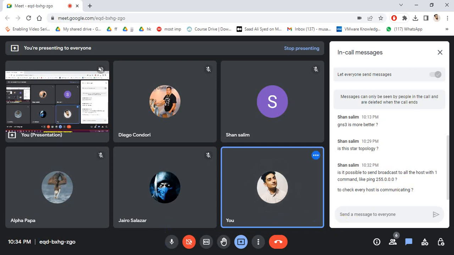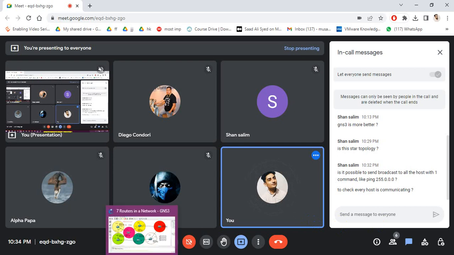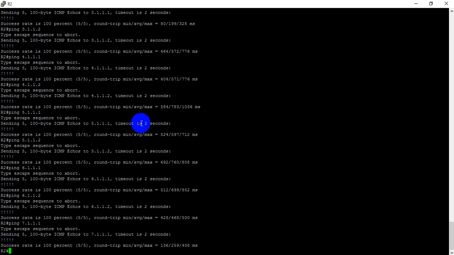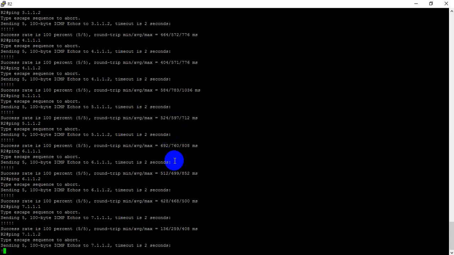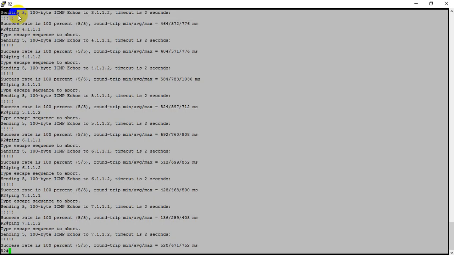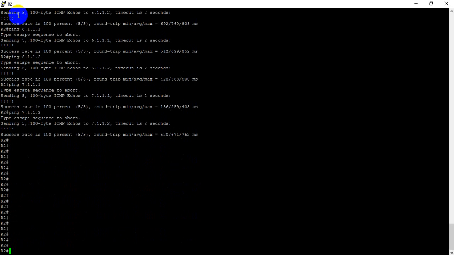So yes, this router can also communicate with all the company's routers. This communication, as you can see, is successful. Let me give you the answer practically.